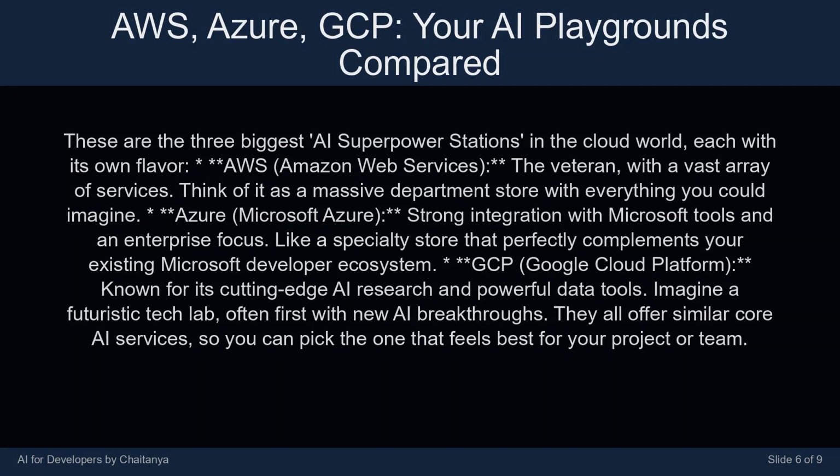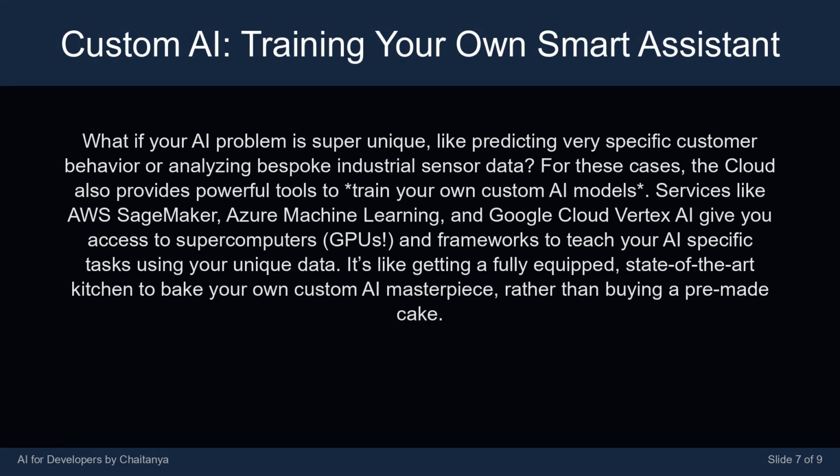What if your AI problem is super unique, like predicting very specific customer behavior or analyzing bespoke industrial sensor data? For these cases, the cloud also provides powerful tools to train your own custom AI models.